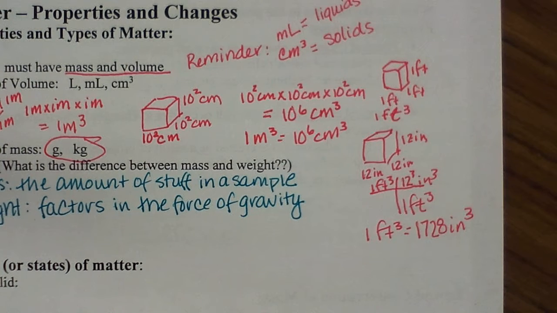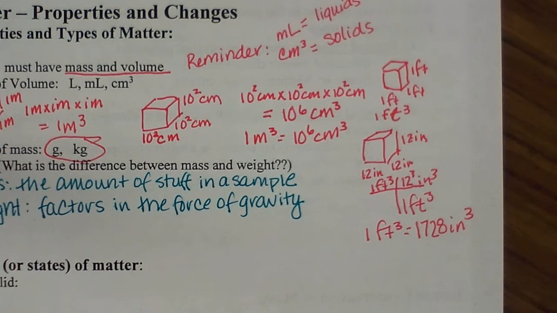So when we step on the scale on the Earth, our weight will be 6 times the weight that scale will read when we step on the moon, because gravity is affected by the size, the mass, of the two objects that are being pulled together. I'm going to talk a lot about gravity when we get to air pressure.